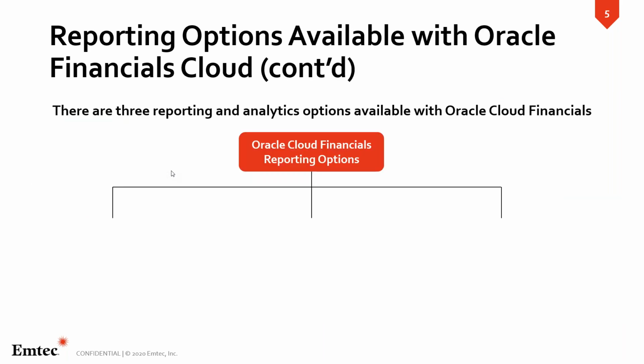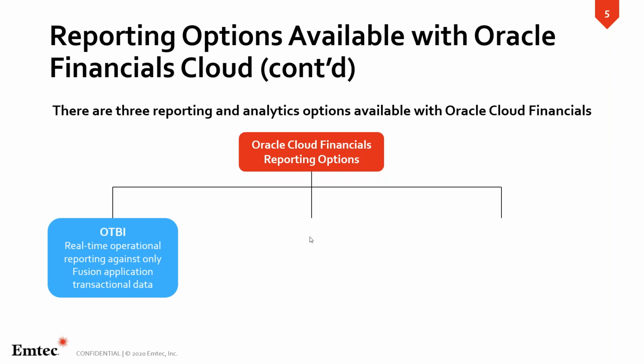So with that, I'll move into focusing in on that left-hand side that you saw there. When we talk about the original reporting for Oracle Cloud, what I mean is when the product was launched, it was really launched with the embedded tool set of OTBI. OTBI stands for Oracle Transactional Business Intelligence and is the embedded product that comes with Cloud Financials.